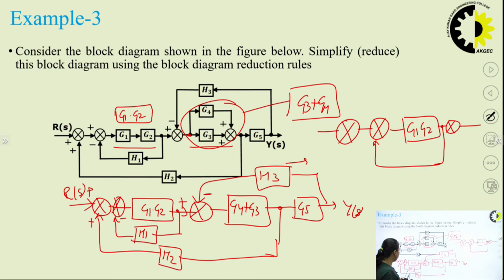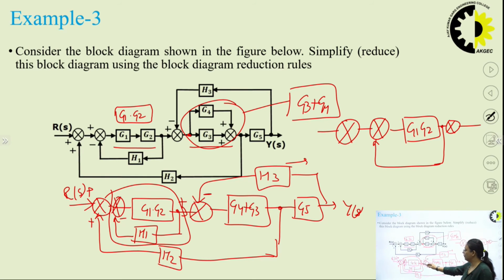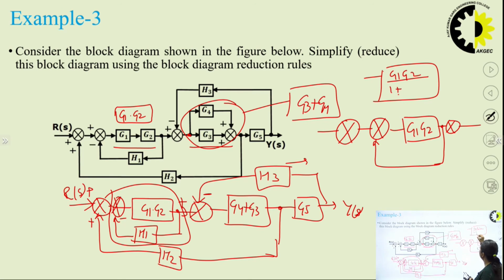Now the next step, I can easily solve this portion. This is a feedback system, right? The transfer function of this system will be G1 G2 upon 1 plus G1 G2 into H1. So I can represent it with a single block with the transfer function G1 G2 upon 1 plus H1 into G1 into G2.